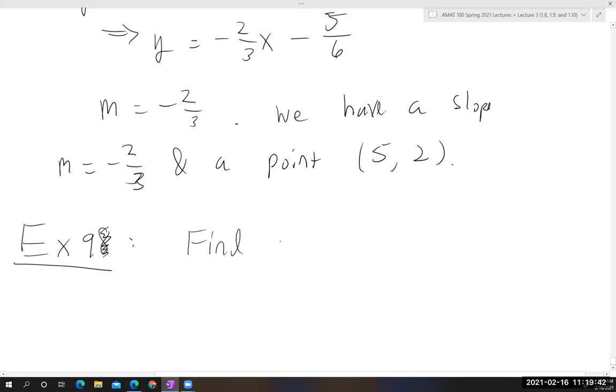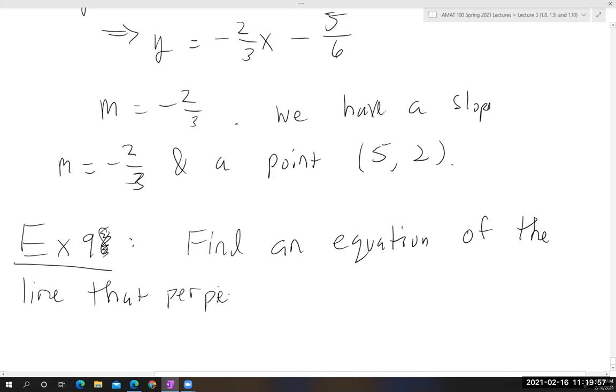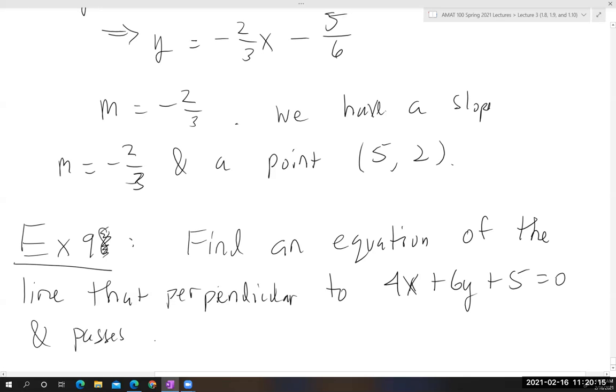We're asked to find an equation of the line that is perpendicular to the line represented by this equation, 4x plus 6y plus 5 is equal to 0, and passes through the origin.